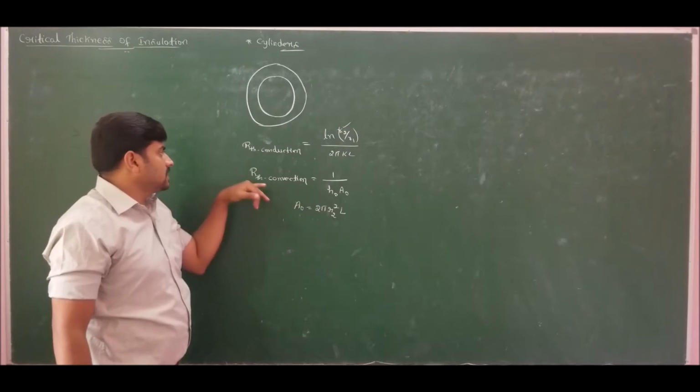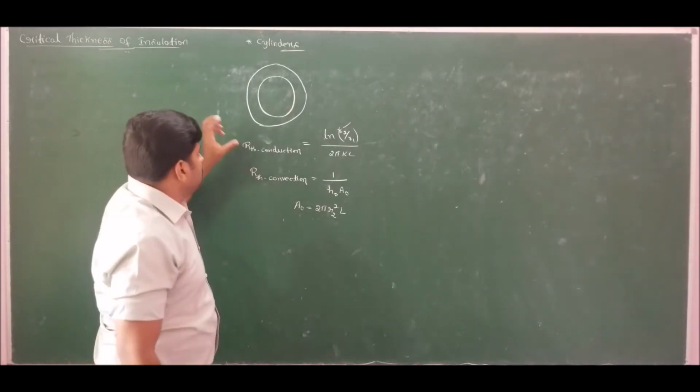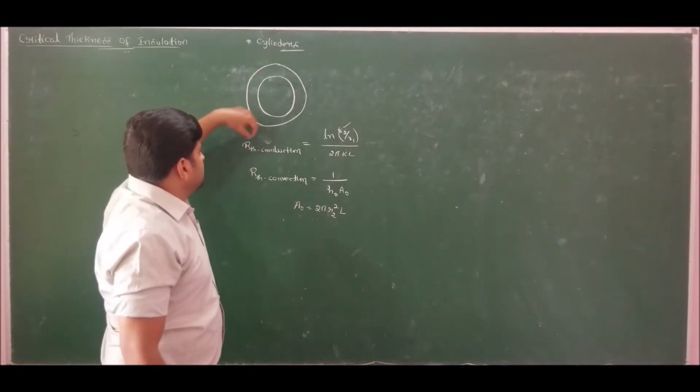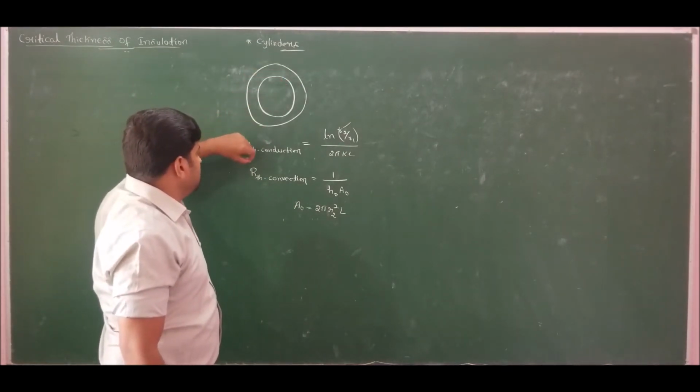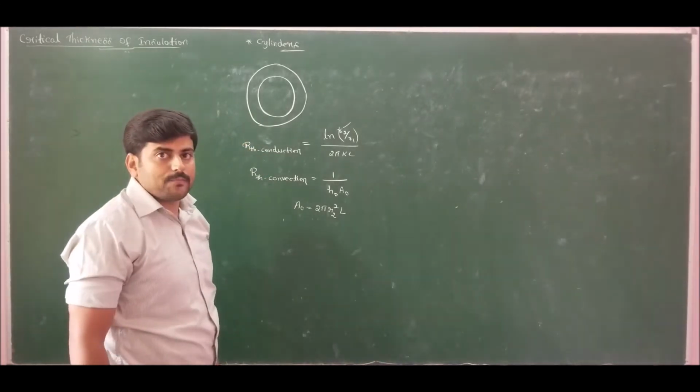Increasing surface area will cause a decrease in thermal resistance due to convection. So if you observe, an increase in insulation increases the thermal resistance due to conduction, whereas it decreases the thermal resistance due to convection due to the increase in surface area.